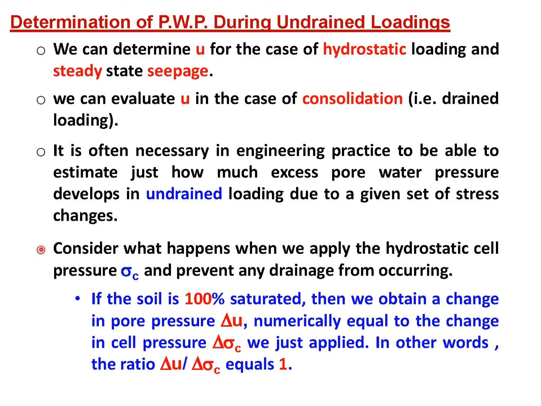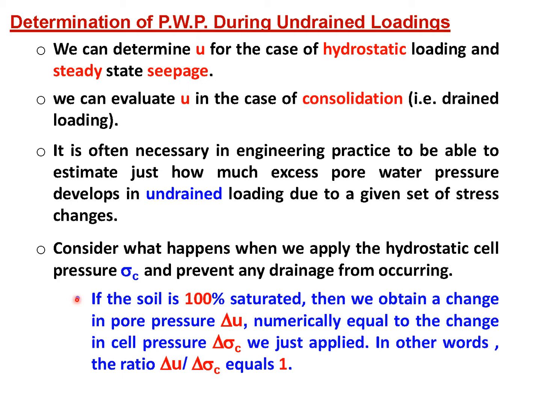Now I need your attention. This is a very important point. Consider what happens when we apply the hydrostatic cell pressure sigma c and prevent any drainage from occurring. If the soil is 100% saturated, then we obtain a change in pore pressure delta U numerically equal to the change in cell pressure delta sigma c we just applied.